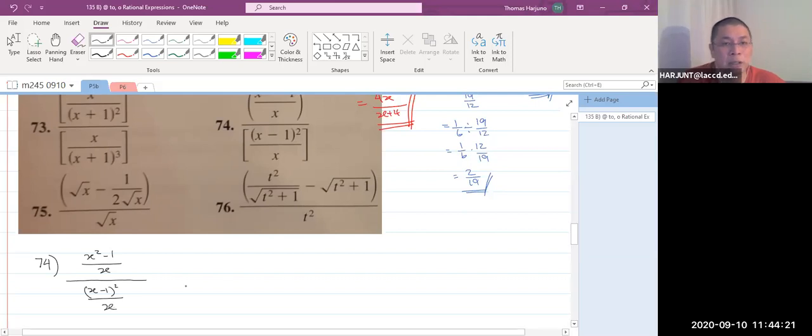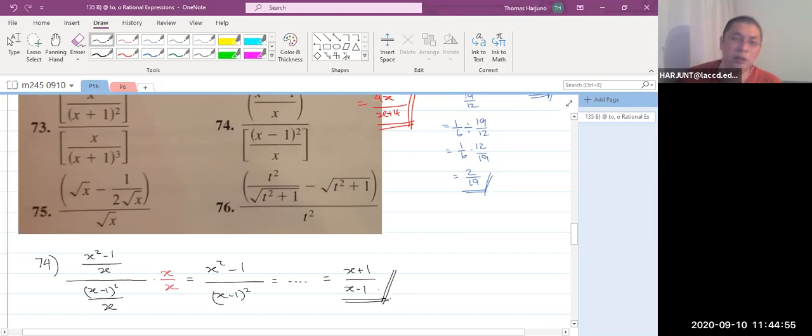So the LCD is x. So I multiply the top and the bottom by x. So the top becomes just x squared minus 1. The bottom becomes x minus 1 squared. Then you factor the top, right? Then the final answer will be x plus 1 over x minus 1.